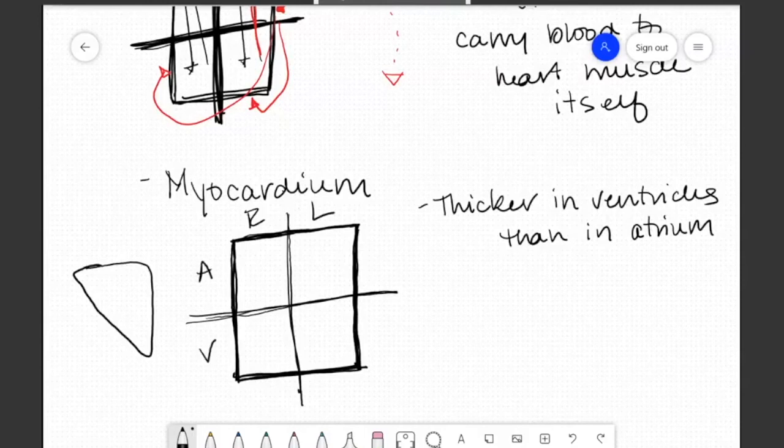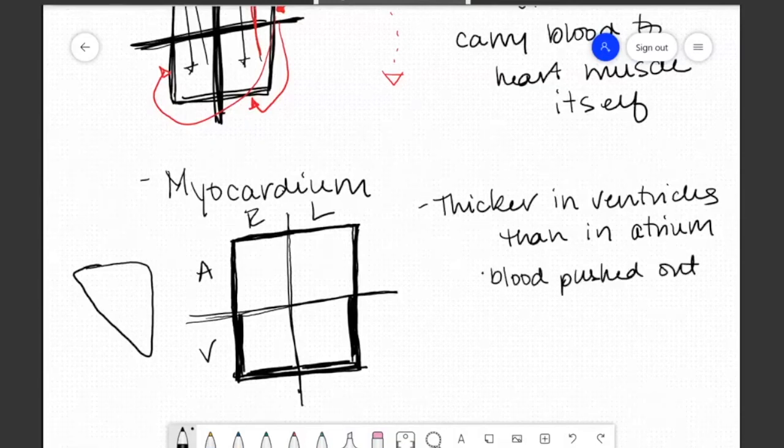So it's going to be thicker in your ventricles than in your atrium. If this is the wall in my atrium, my ventricles are going to be thicker. And the reason your ventricles are thicker than the atrium is because the blood has to be pushed out the top.